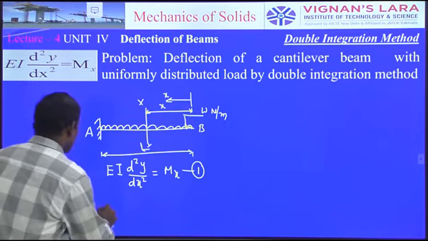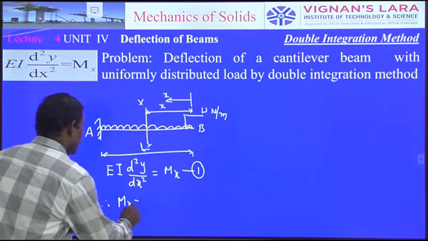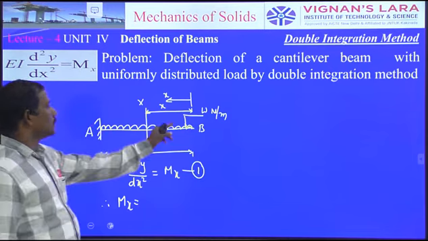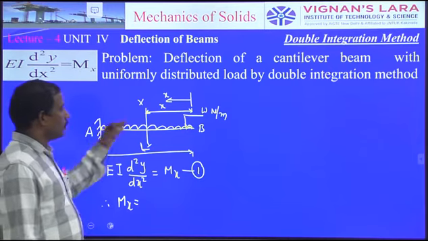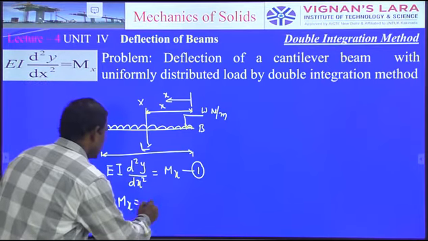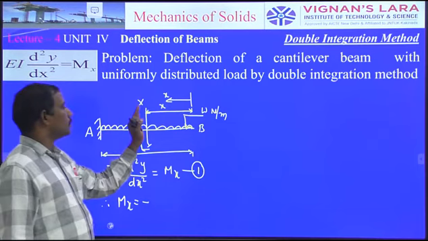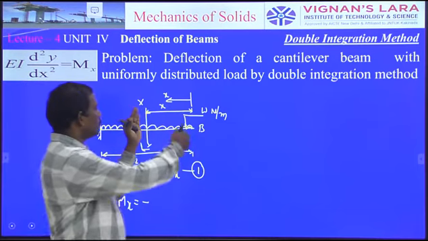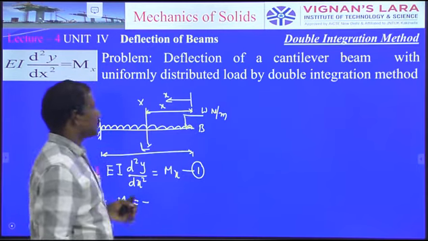So therefore, Mx is equal to, I think that this load produces a hogging moment. It means that it is taken as negative. What about the total load in the portion between B and section XX?